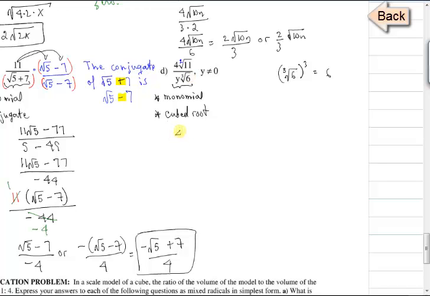We've got 4 root 11 over y cube root of 6. Now, I know that I have to multiply the cube root of 6 by itself 3 times, because that's the only way that I can rationalize the denominator. So if I have to multiply by the cube root of 6 times the cube root of 6 in the denominator, I'll have to do the same thing in the numerator. And you know what? I'm going to do this with a different color, just so it stands out a little more.